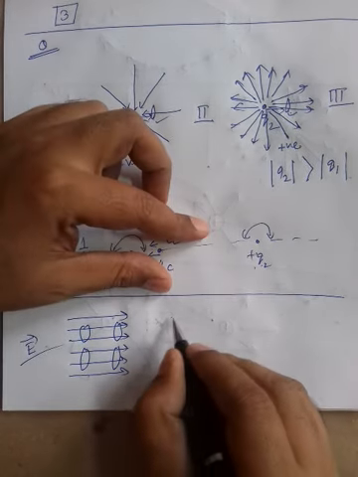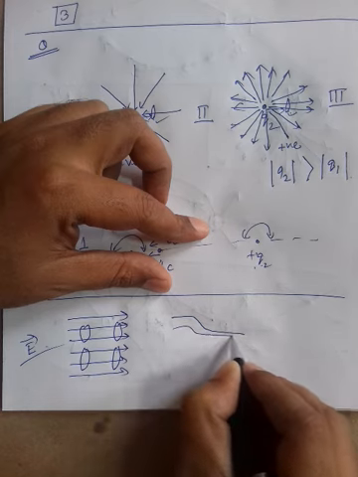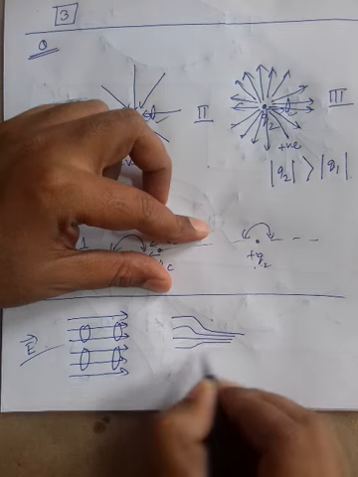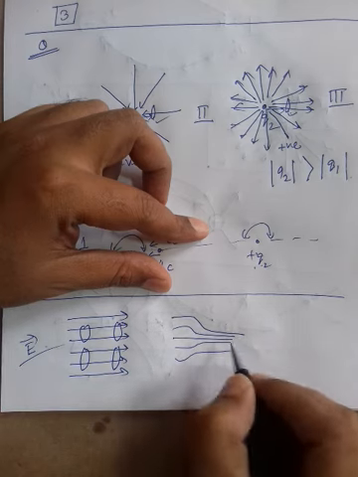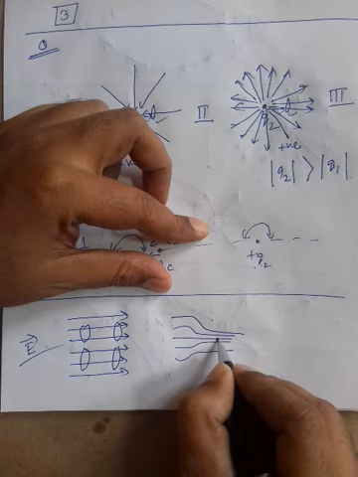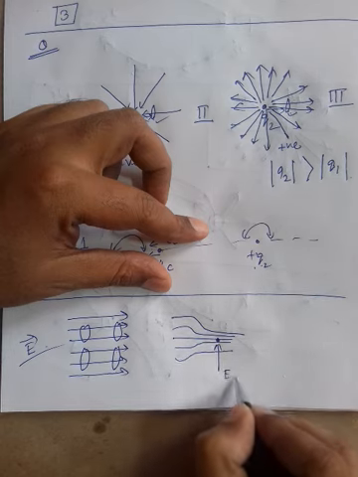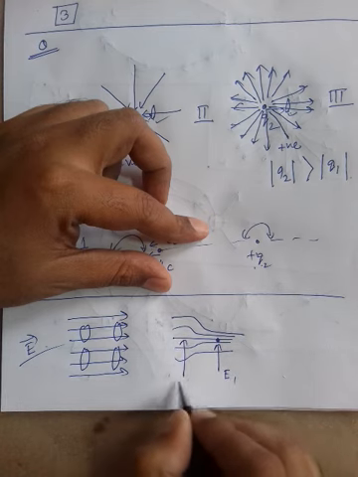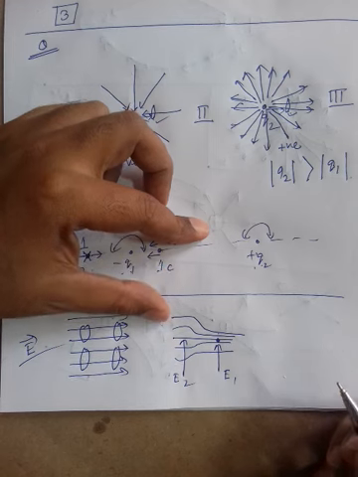Clear? By chance someone is drawing electric field lines like this. I am considering a point here, say having field E1. I am considering a point here having field E2. So density in E1 more, density in E2 less.